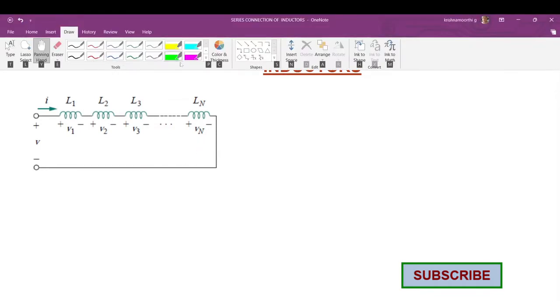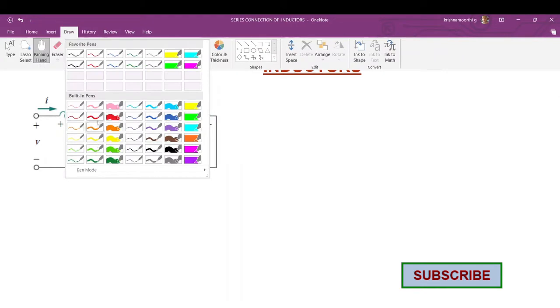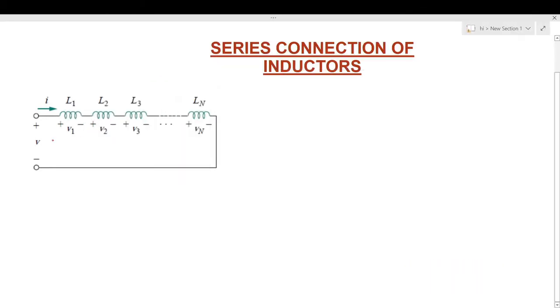For that, we will draw a loop like this, and we will mark the arrows. This is the loop arrow direction. The arrow may be in either direction; the resultant value will be the same.